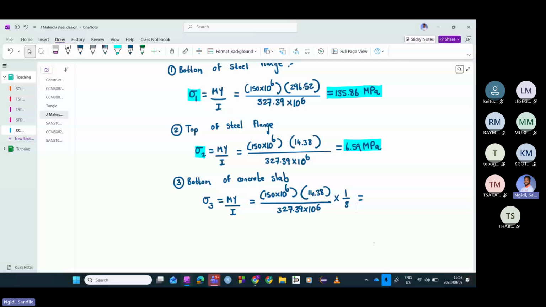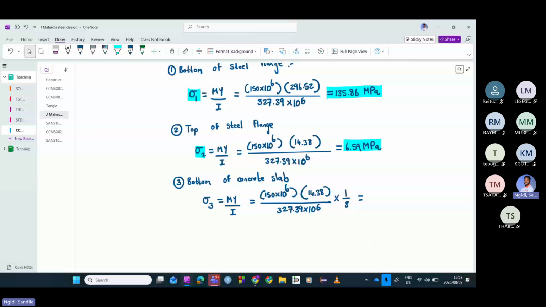What is the answer that you get? 6.55 MPa. So this is the value of sigma 4.